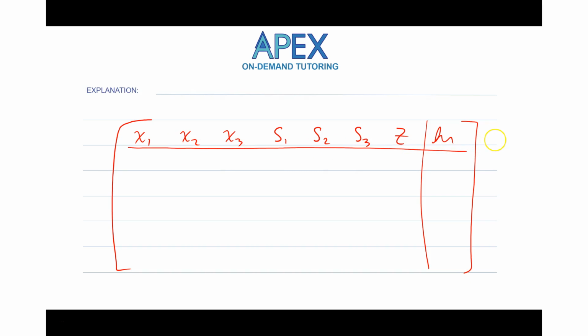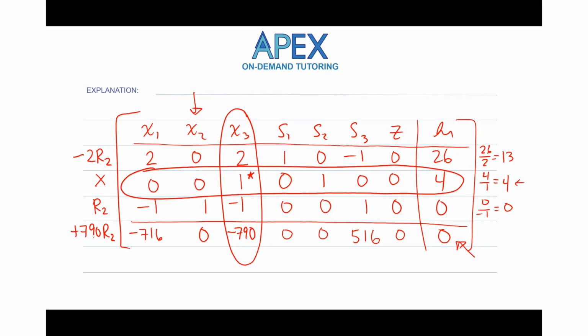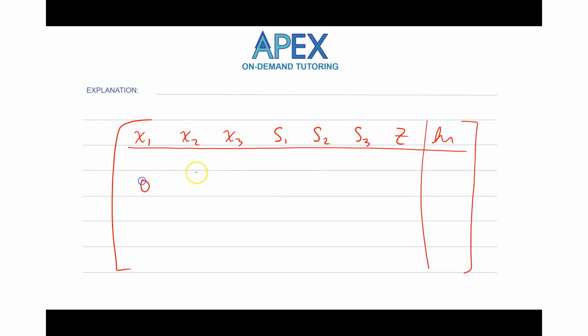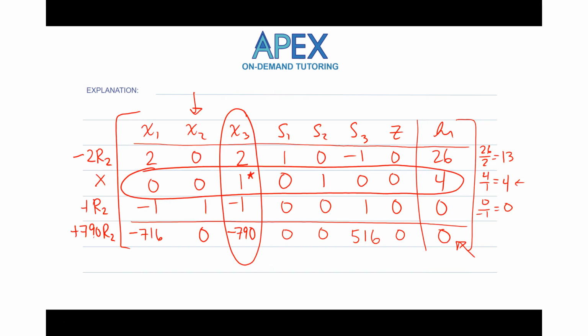Okay, so we're going to write row 2 because we're not messing with that. That's our pivot. So that is 0, 0, 1, 0, 1, 0, 0, 4. And then for our first row, we're subtracting 2 times the second row.